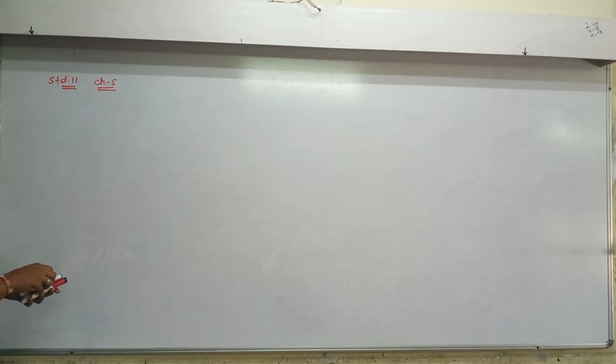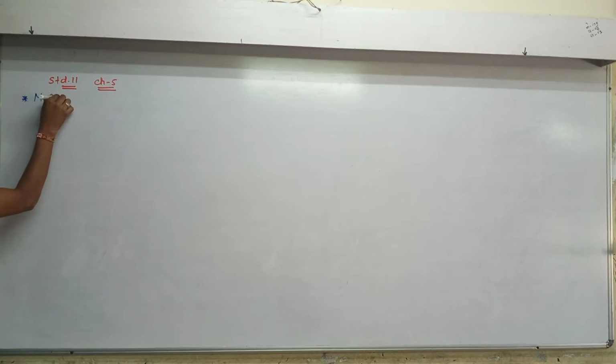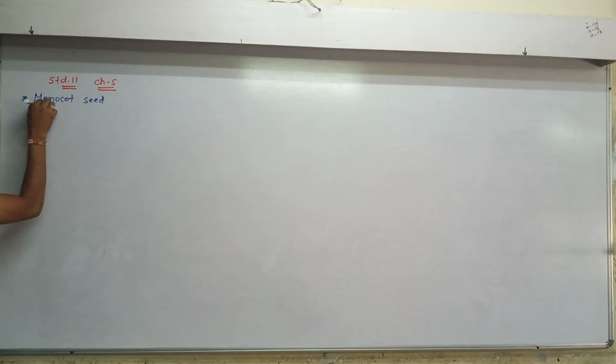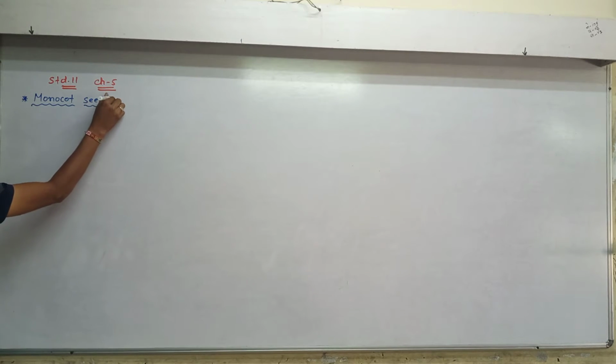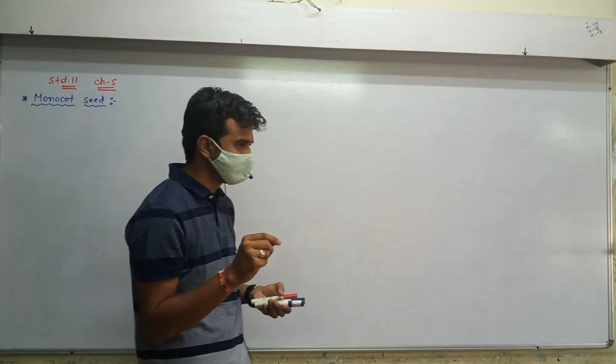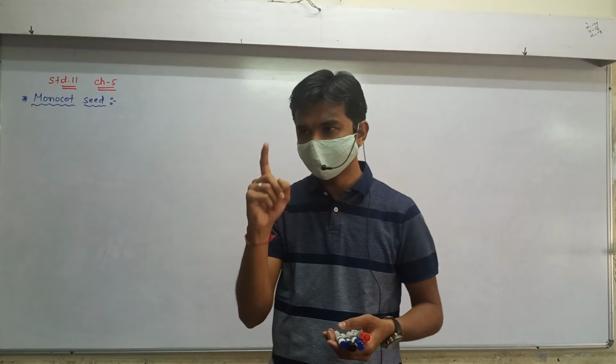So now we will discuss the monocot seed. I can draw the 2 diagrams here. Then we understand that seed, and one important MCQ, the majority probably comes from this topic, which later on I will tell you.